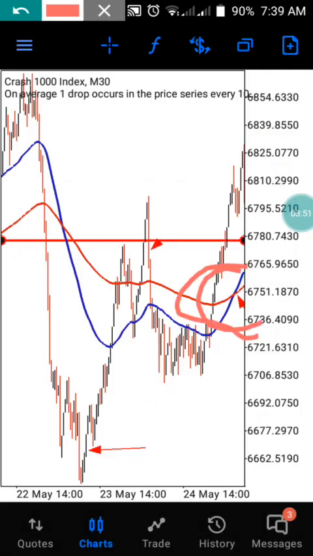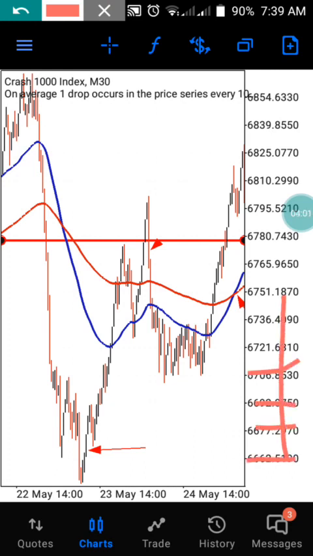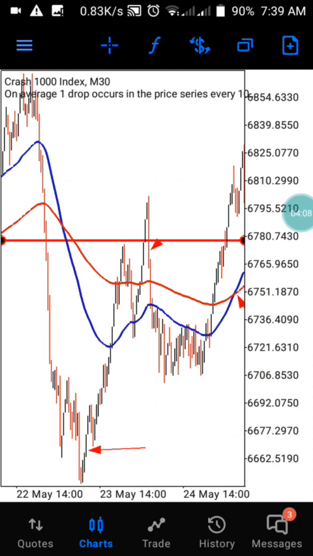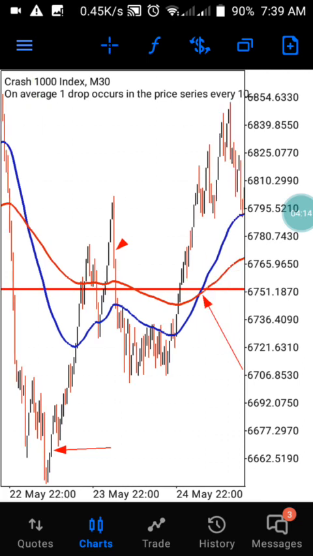So you allowed your price to reach that level, and you find your average level from this place, which is going to be 1, 2, 3, 4, 5, 6, 7. So we are having 7 at 6.6751. That is exactly where we are going to be placing our horizontal line.